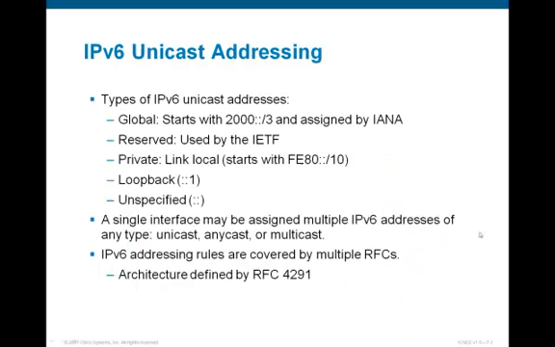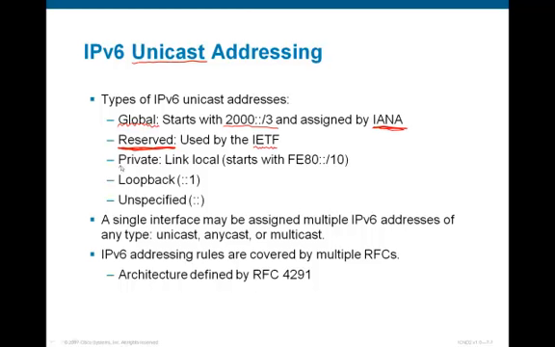Now, IPv6 unicast address comes in a few flavors. So you have your global address, which means it's a proper legal internet IP address, and it starts with this range, and it's normally assigned by IANA. Now, just like IPv4, we also have a certain range of IP addresses that are reserved to be used by IETF for future development.